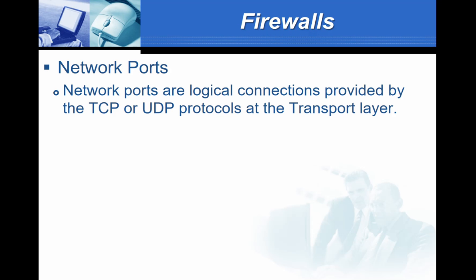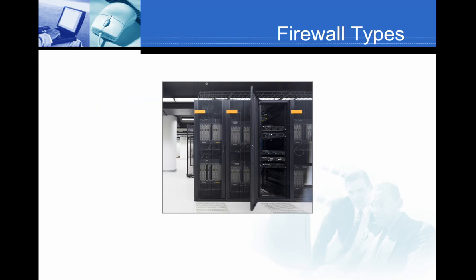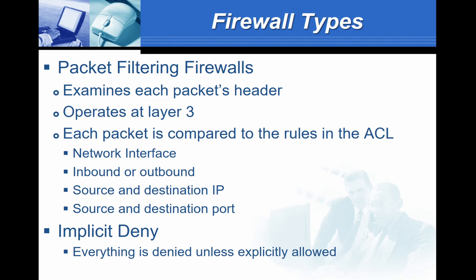Now we have network ports and their logical connections that are provided for TCP or UDP at the transport layer. We did the OSI layer protocol, so you know how that works. And then packet filtering. What packet filtering does is simply operate at layer 3, and at layer 3 the packets are compared to the rules, and you're either going to allow it to come in or you're not going to allow it.